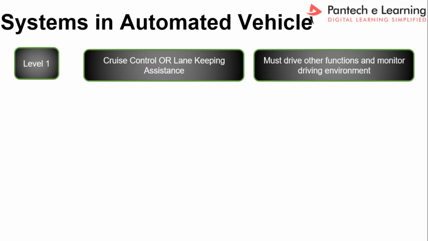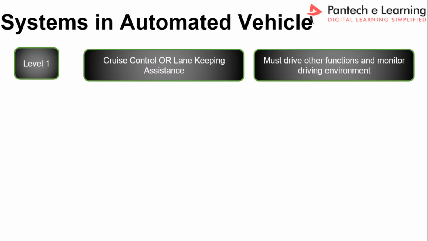Many people may be aware of cruise control, which means we can synchronize the speed of vehicle 1 with the speed of vehicle 2, so the speed is automatically controlled with the help of the previous vehicle.